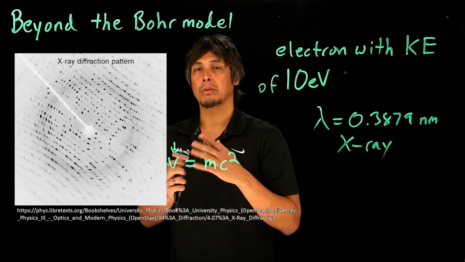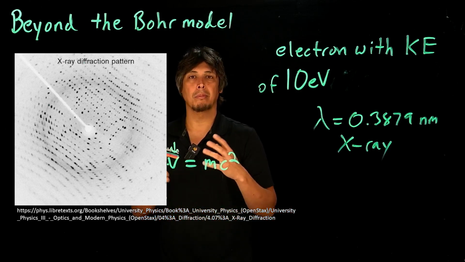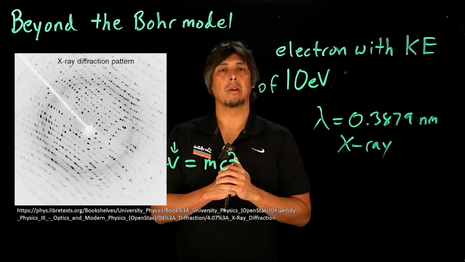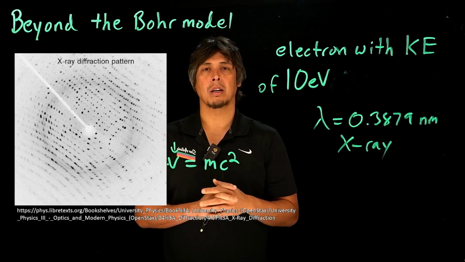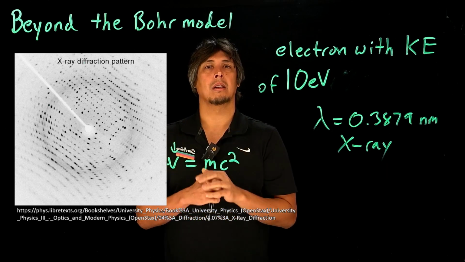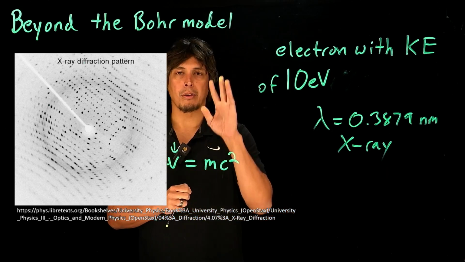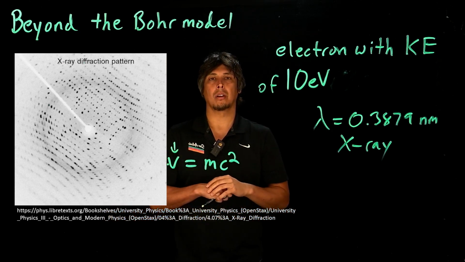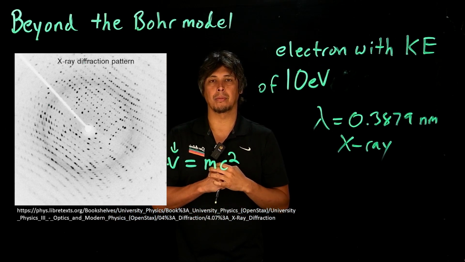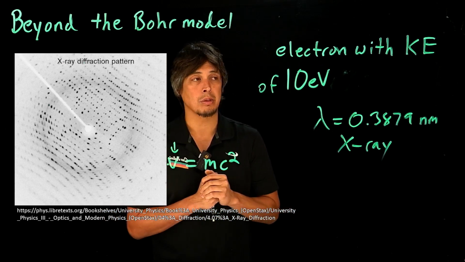And so this results, again, because of the wave-particle duality, we have wave properties which causes interference as these electrons are being diffracted off of atoms within the crystal structure.